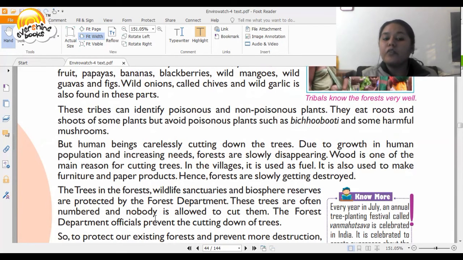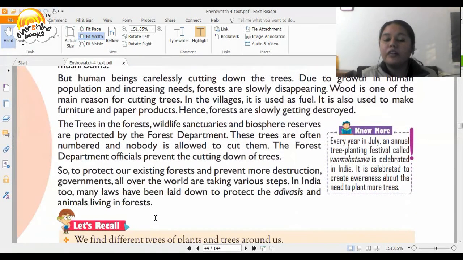The forest department officials prevent the cutting of these trees. So, to protect our existing forests and prevent more destruction, governments all over the world are taking various steps. In India, too, many laws have been laid down to protect the Adivasis and animals living in the forest.